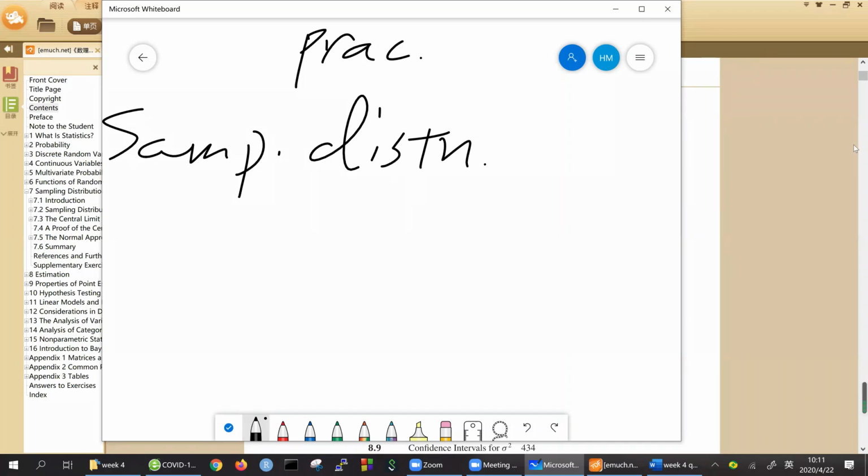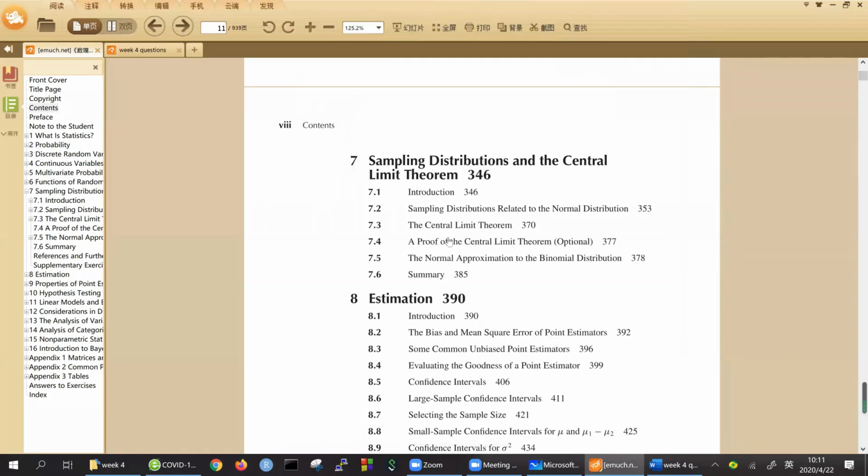My answer is, it's the distribution that describes how a sample is distributed when we take it from a population. So the key thing is, everything we are discussing in this chapter 7 is designed to describe properties and distributions of the samples that we use in statistics.